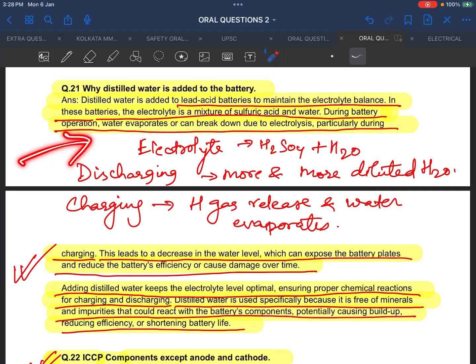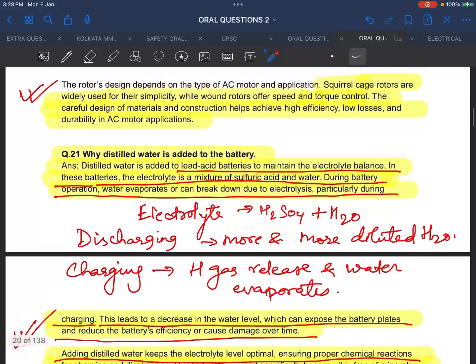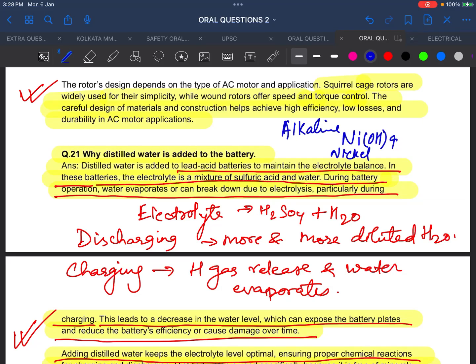So if current is drawn from the battery, then due to the chemical reaction, inside the lead acid battery sulfuric acid and water is the electrolyte, and for the alkaline battery there is nickel hydrate, NiOH, plus KOH, potassium hydroxide.